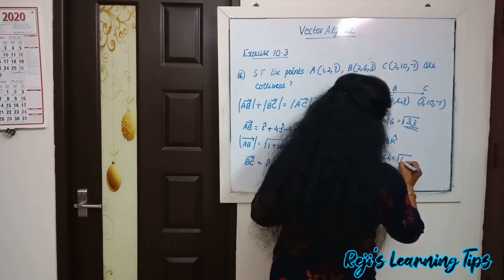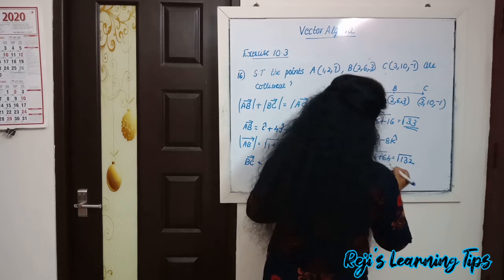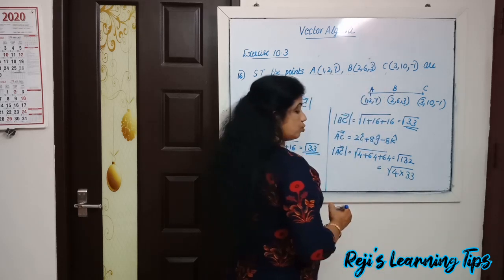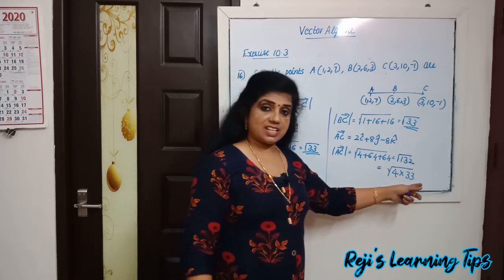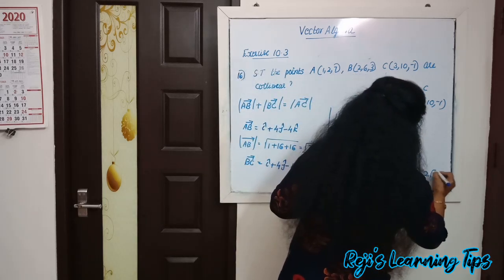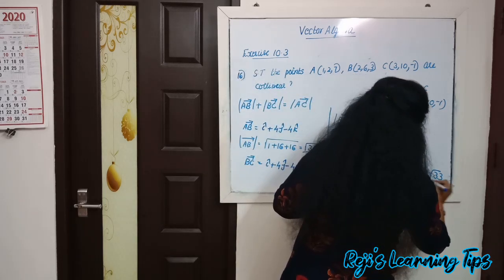Root 132. Okay, correct, root 132. Root 132 means 4 into 33, so we can write that as 2 root 33.